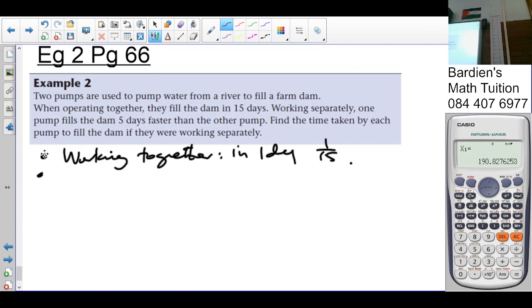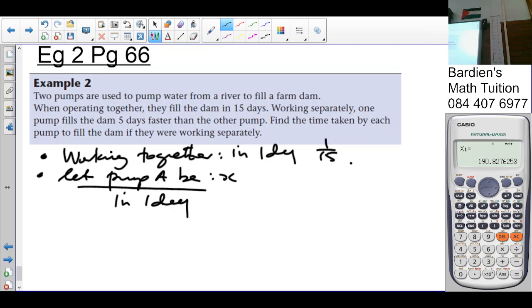Working separately, one pump fills the dam 5 days faster than the other pump. So we say let pump A be X. So if pump A, the slower pump, takes X days, in 1 day how much of the dam would pump A fill? 1/X.